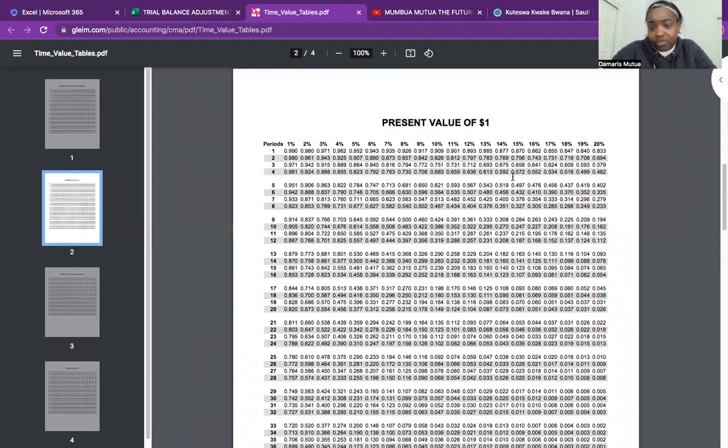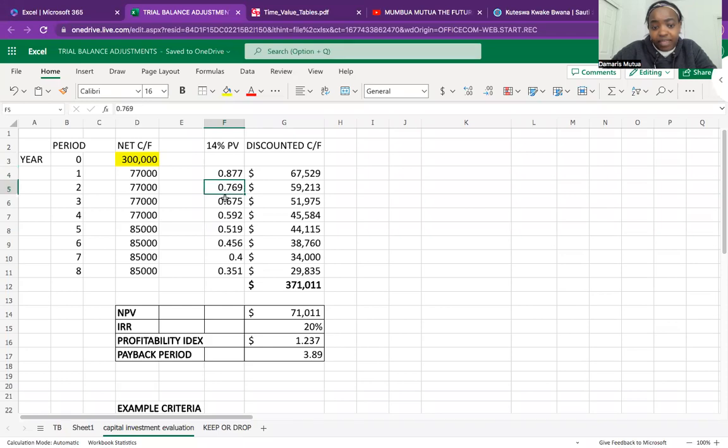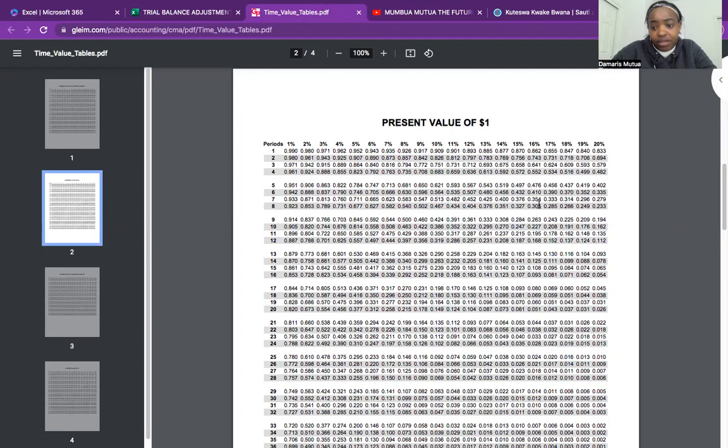So for example, year 1 is 0.877, year 2, 0.769, year 3, 0.675, all the way to year 7, to year 8, 0.351.